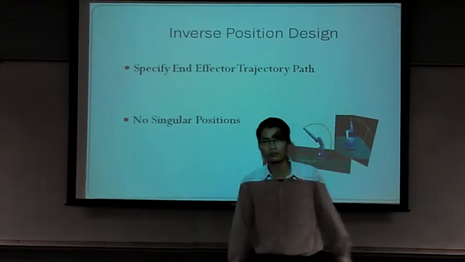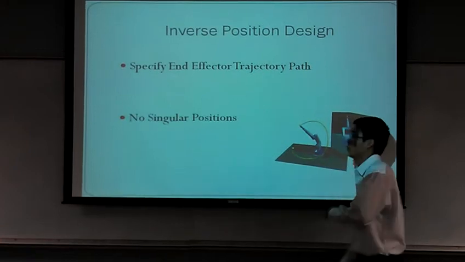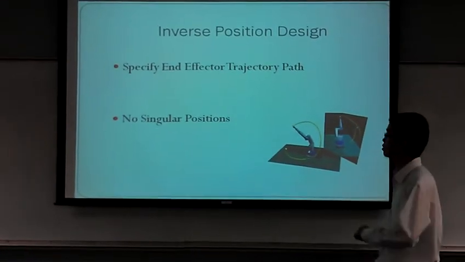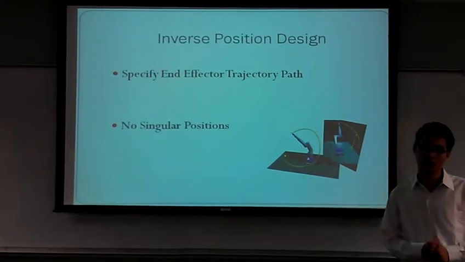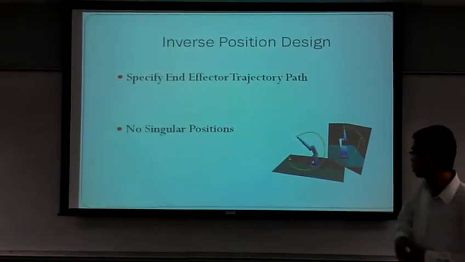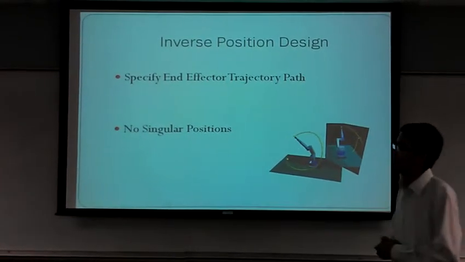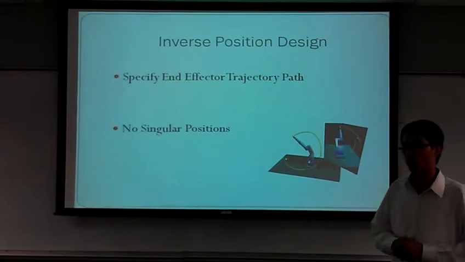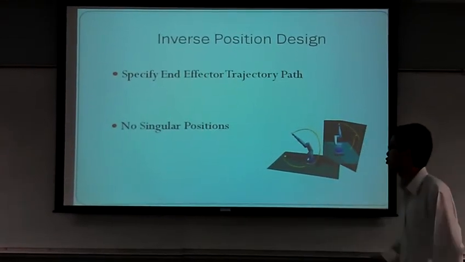In our realistic model of robots, we are supposed to solve the problem of inverse position design, meaning that we are given two predefined positions. We will design a robot arm with 3 degrees of freedom that picks up the cell phone part from one position to another desired position.